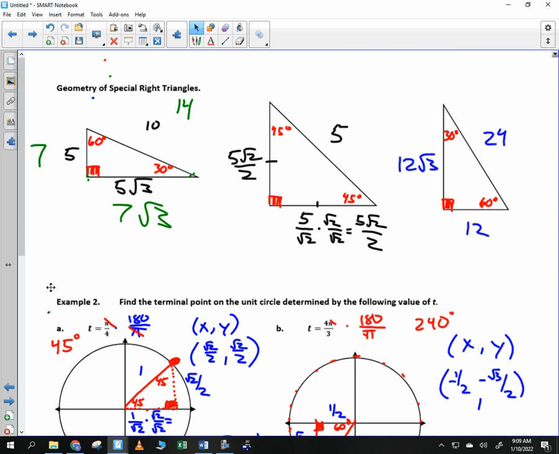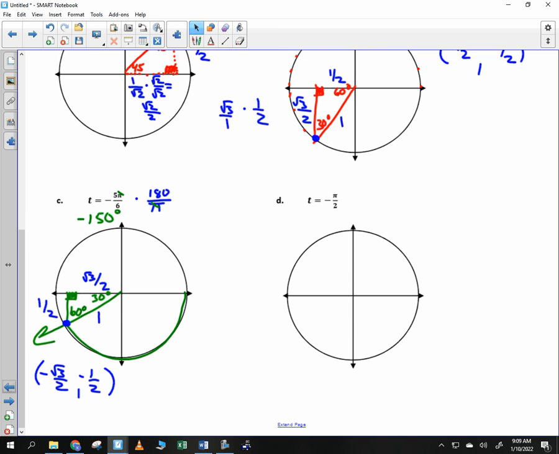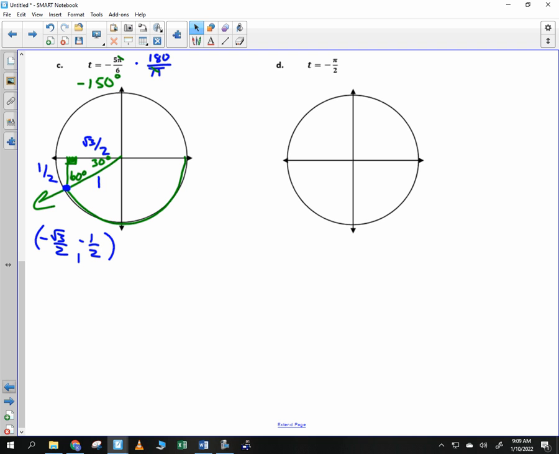Okay, last example. Flip back here. Negative pi over 2. Again, it's negative, but as you see pi over 2, how many degrees is pi over 2? 90. Good. Starting to pick up on those angle measures is going to help you be a lot quicker and more efficient as you work through some of these problems.